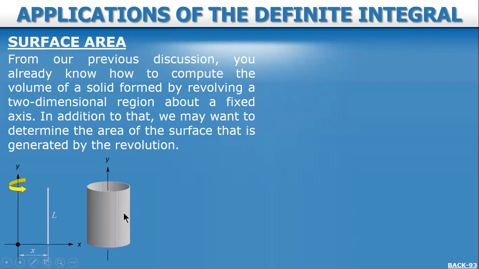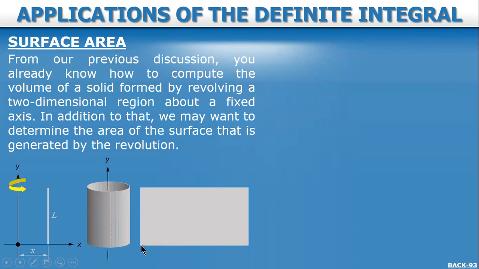The lateral area of a cylinder. How do we get it? It's very simple. All you have to do is cut it, and then spread it, stretch it, and you will get a rectangle. The area of a rectangle is length times width.